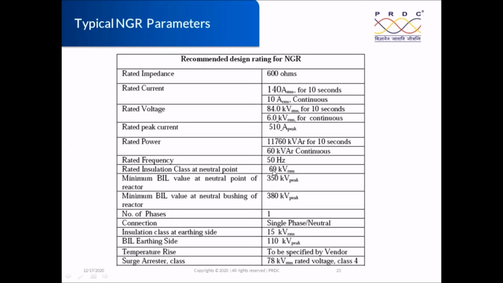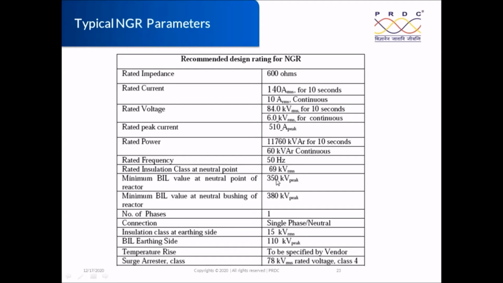In this example, we have 69 kV RMS, as per the IEEE standard C57.32 for neutral grounding devices design. Once you know the voltage class, we can find the appropriate BIL value.